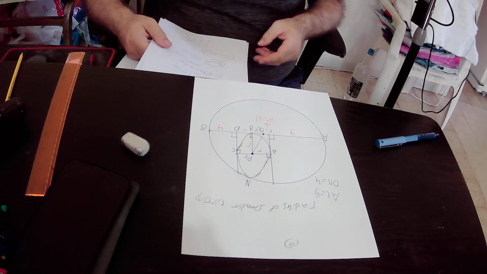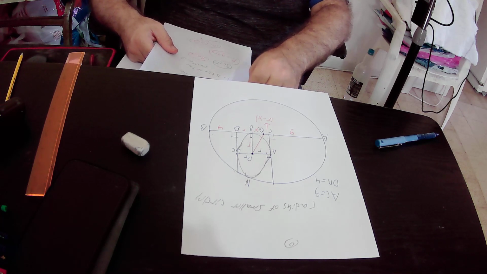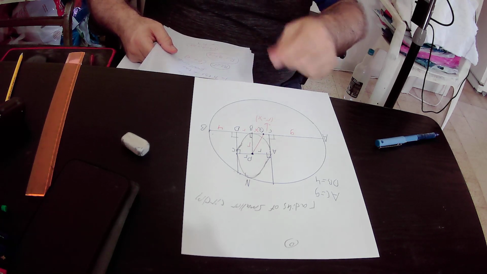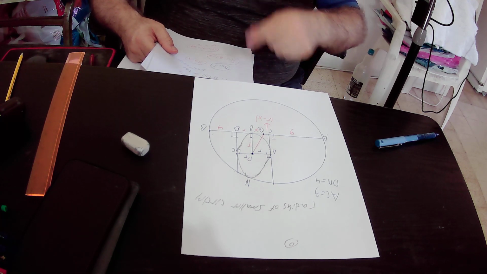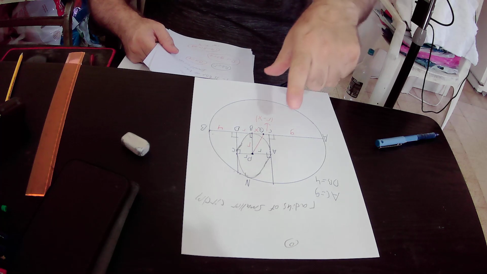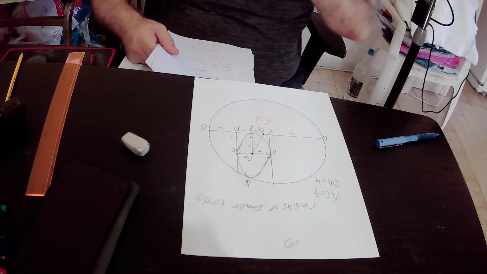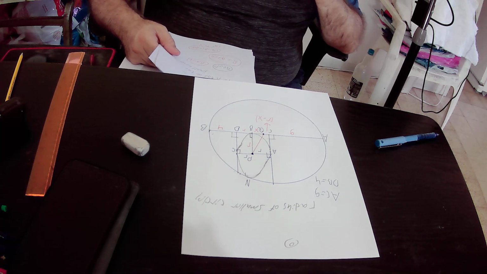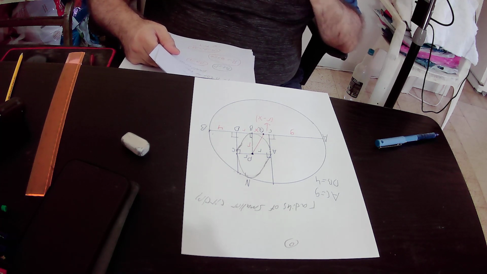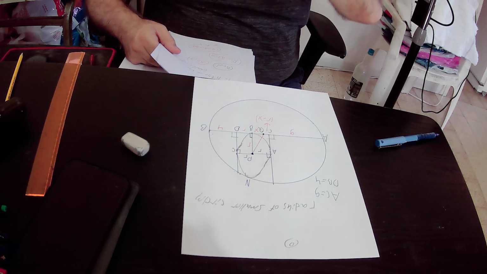So we defined capital R as the radius of the big circle and small r as the radius of the small circle, and then we actually have 3 tangents to the small circle.